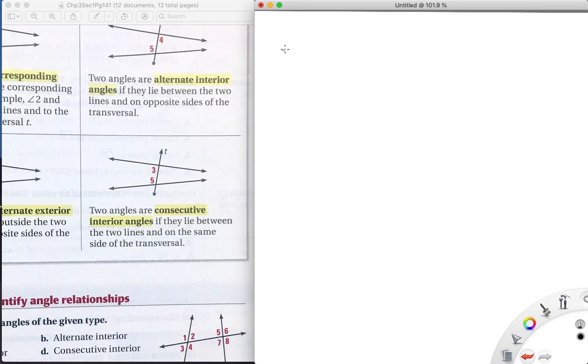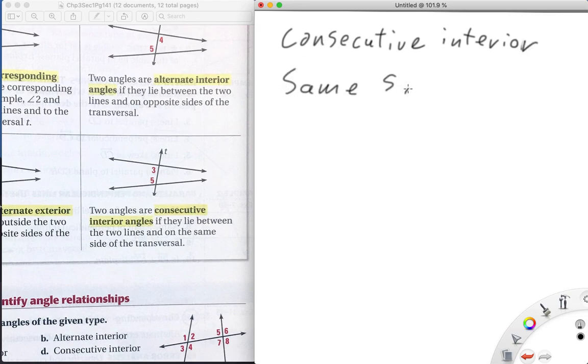Then we have consecutive interior. They've also been called same side interior.